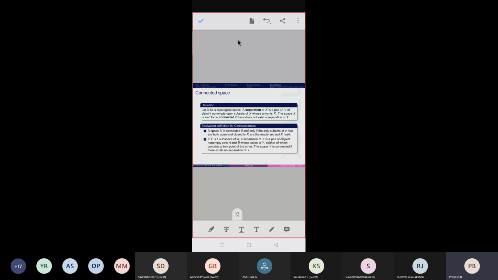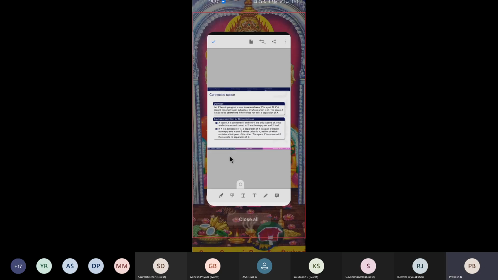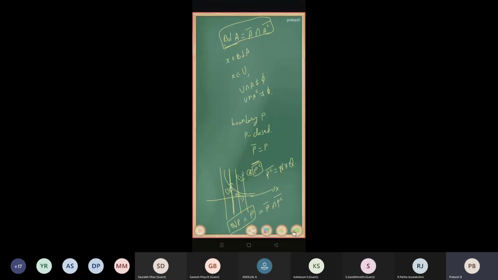So now we are going to see the definition of a connected set. Before going to the definition, first we want to see the definition of separation. So we have a topology (X, tau), right?